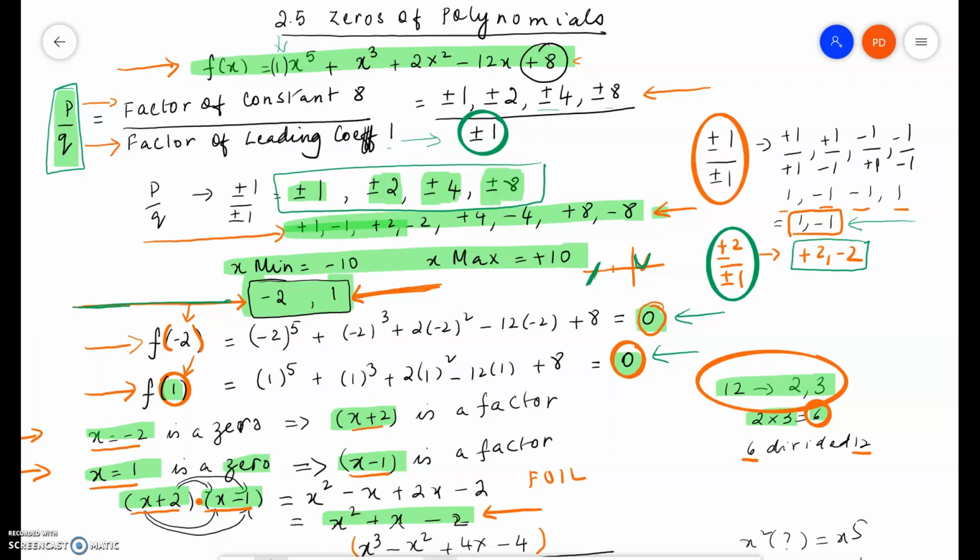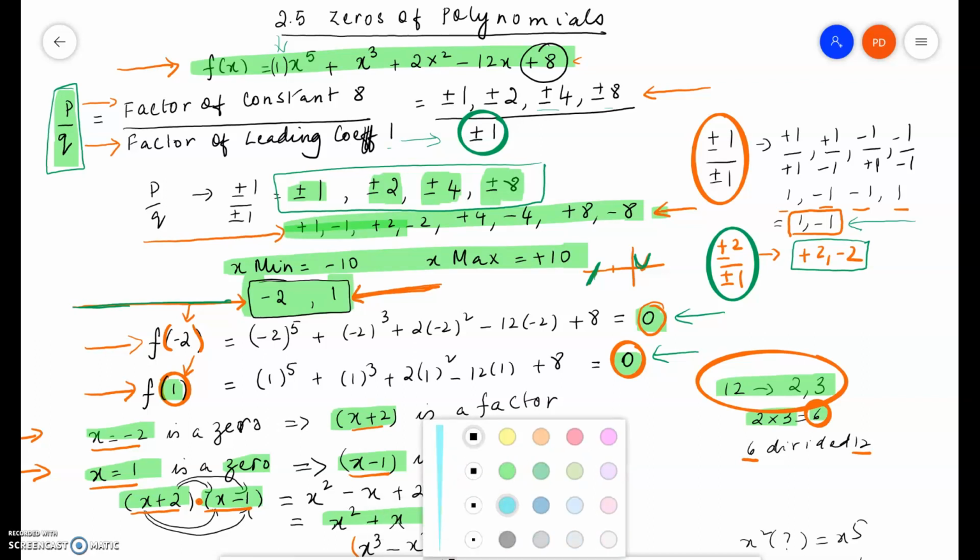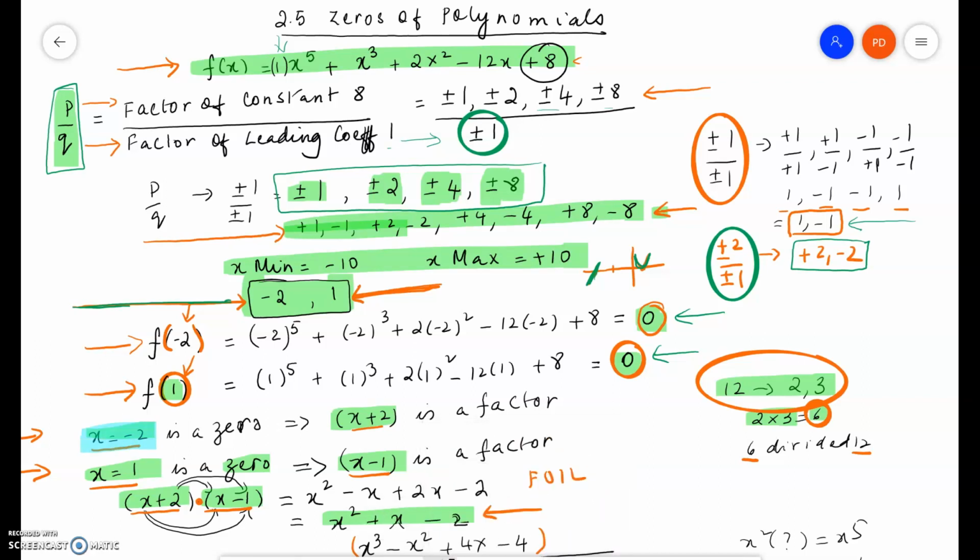So let's look at this. X equals negative 2 is a 0, which means that x plus 2 is a factor. X equals 1 is a 0. So x minus 1 is a factor.